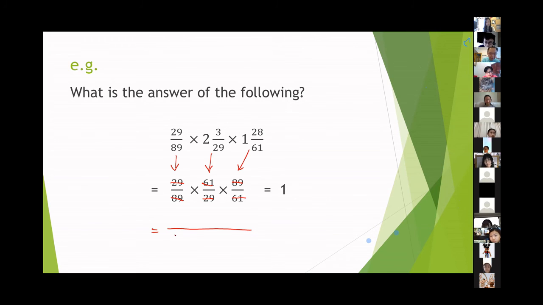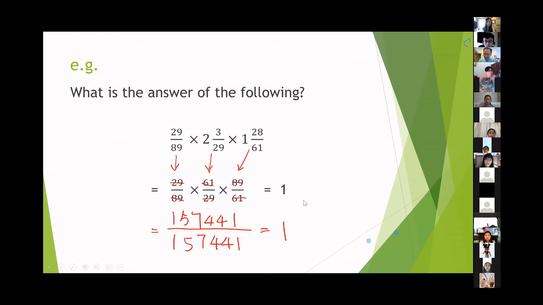You will get this. Of course, they are the same, but you have to use a lot of time to finish the useless multiplication here. So this is why we are considering simplifying at the very beginning. Otherwise, it will be in trouble for you.